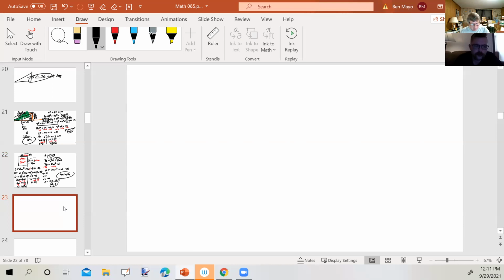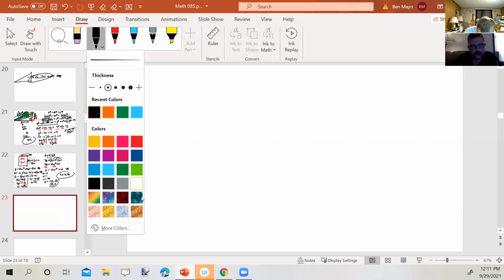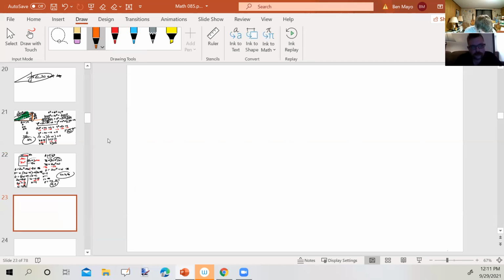Okay, you can't see the picture, so let me attempt to draw the picture. We've got the ground here, and this piece, and this piece.